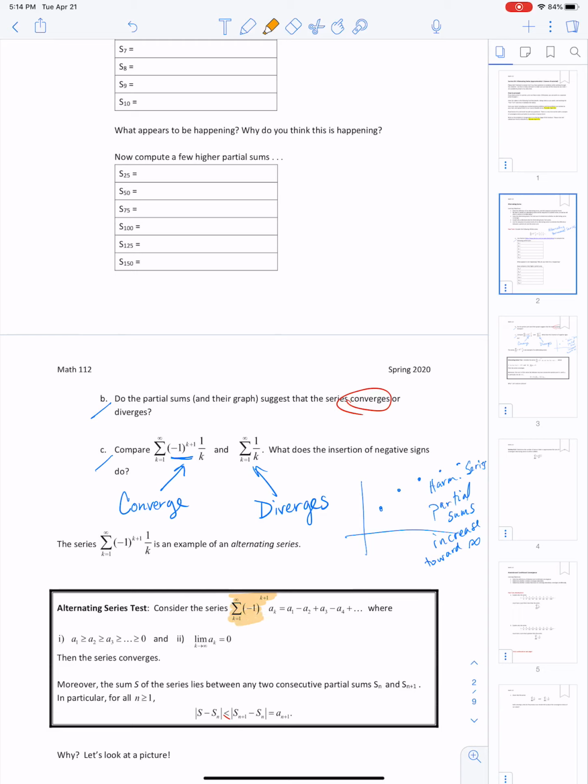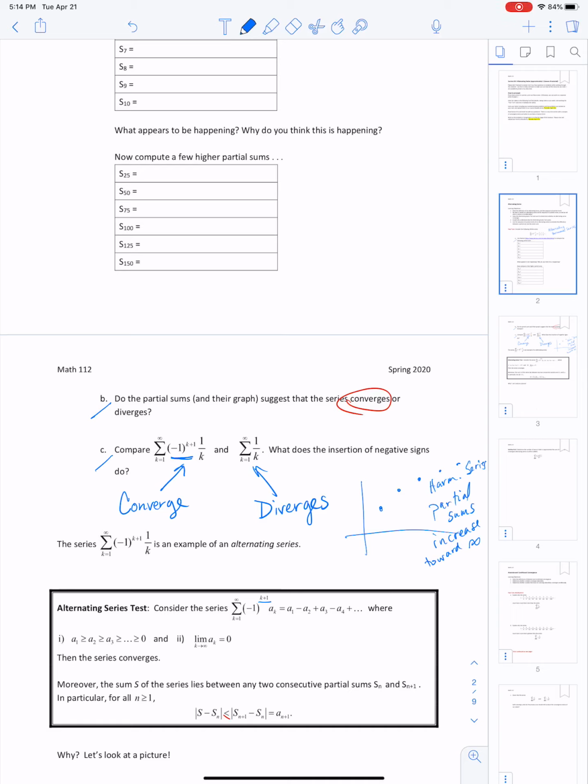If you have an alternating series, the exponent here has gotten pushed up by my equation editor, so it looks a little funny, but this is just a standard (-1)^(k+1) times a_k.